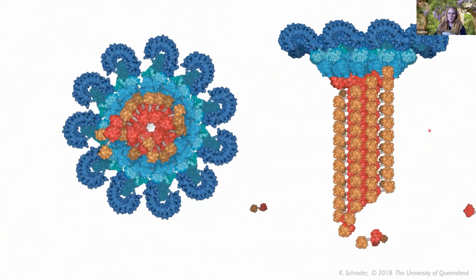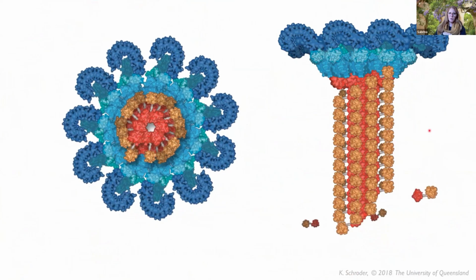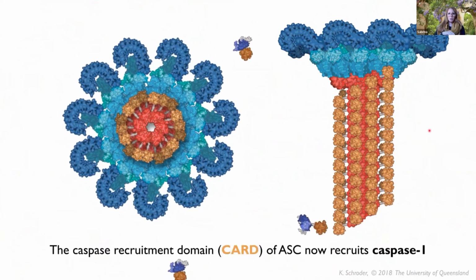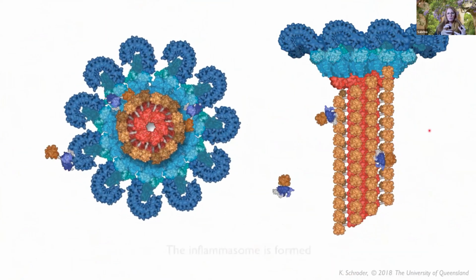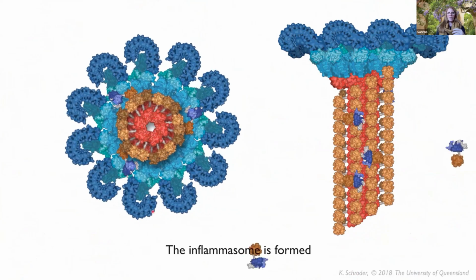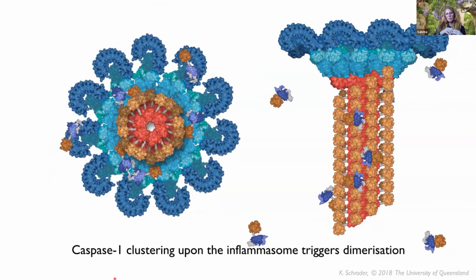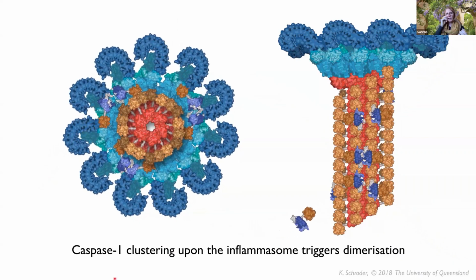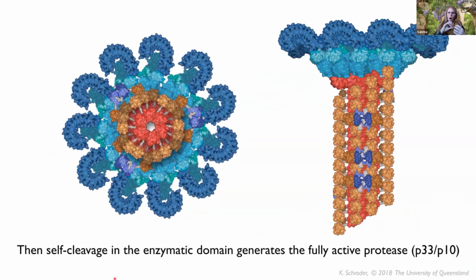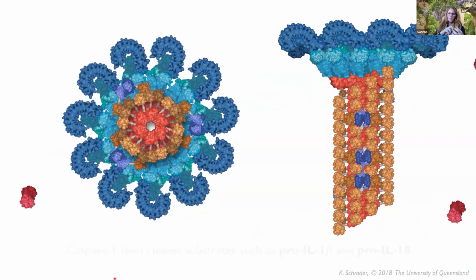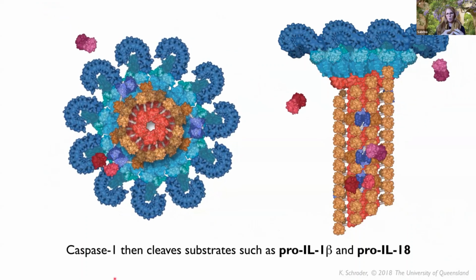Once we have the formation of this ASC speck, it allows the recruitment of caspase-1 to the inflammasome. Caspase-1 is a protease, and it gets recruited and can then cleave cytokines. What is special is that caspase-1 activates itself on the inflammasome, so there is an activation step involved.